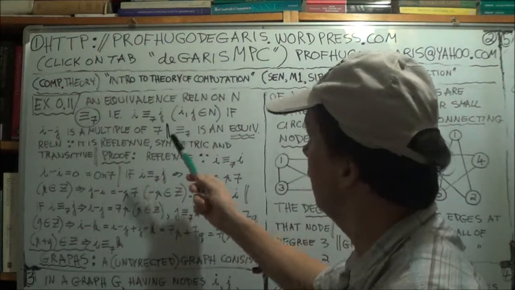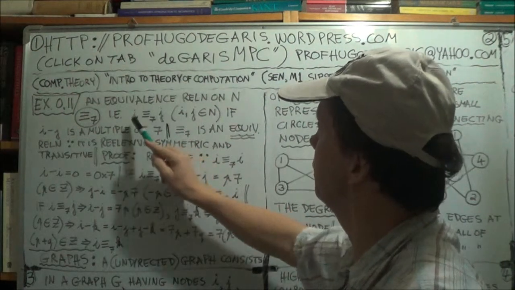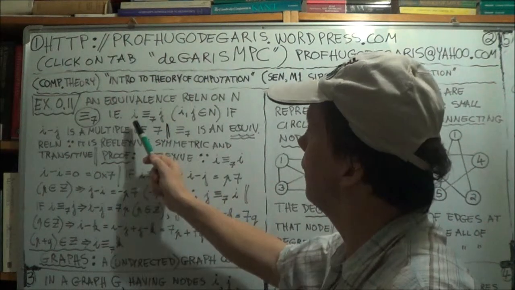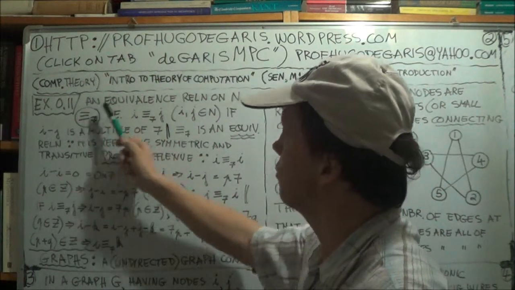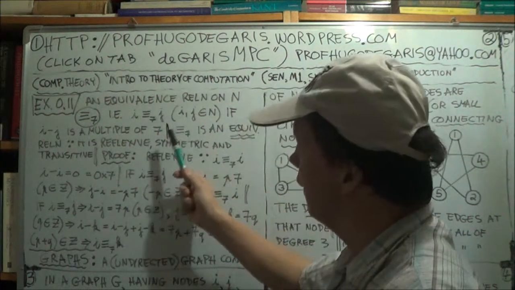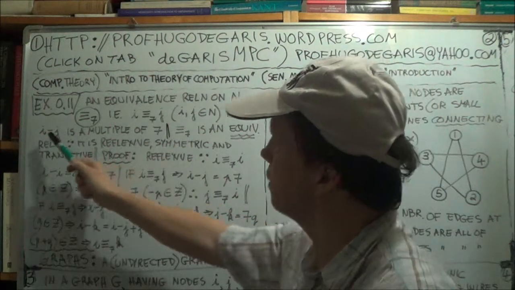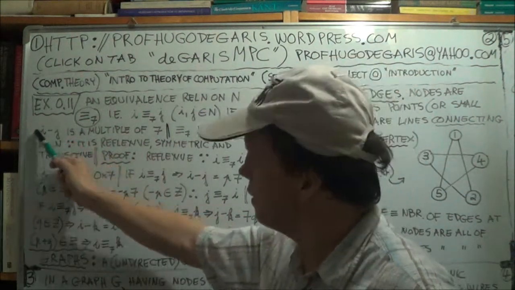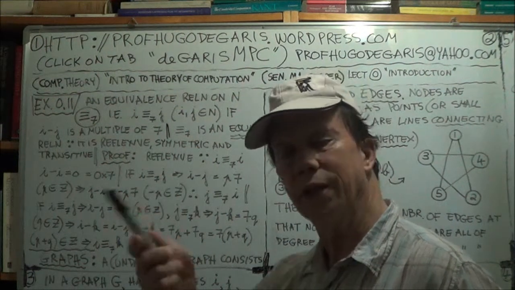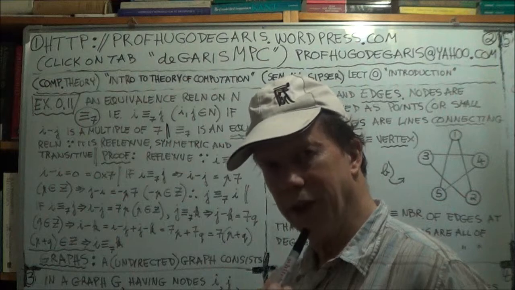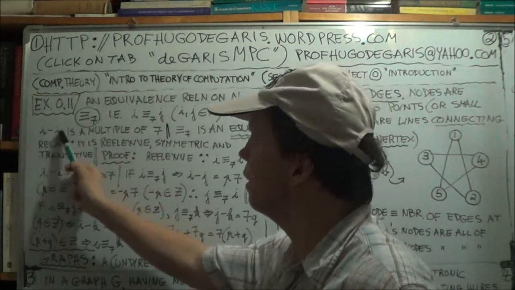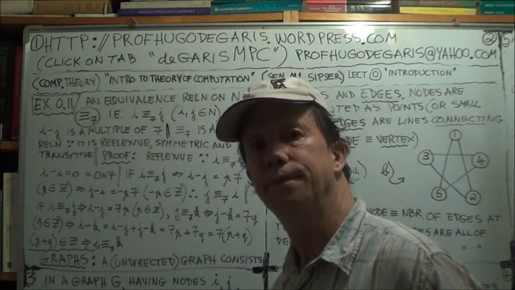Well, two natural numbers, i and j belong to N, obey this equivalence relation, if the difference between them, when you subtract one from the other, that difference is a multiple of 7. Saying that another way, you can divide, without remainder, the difference between them by 7. Okay?